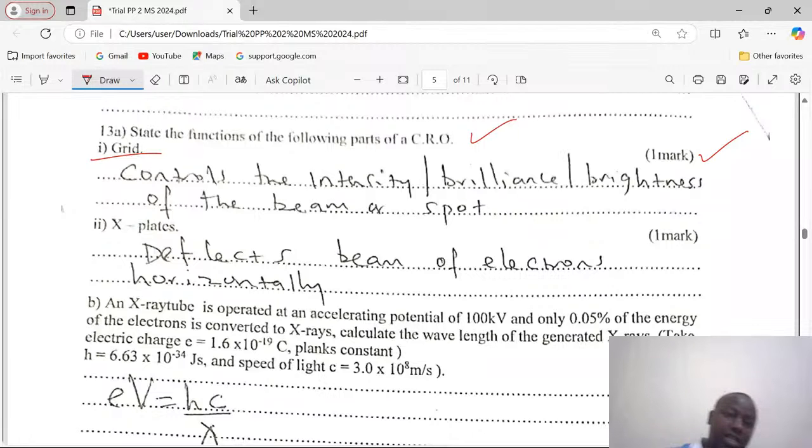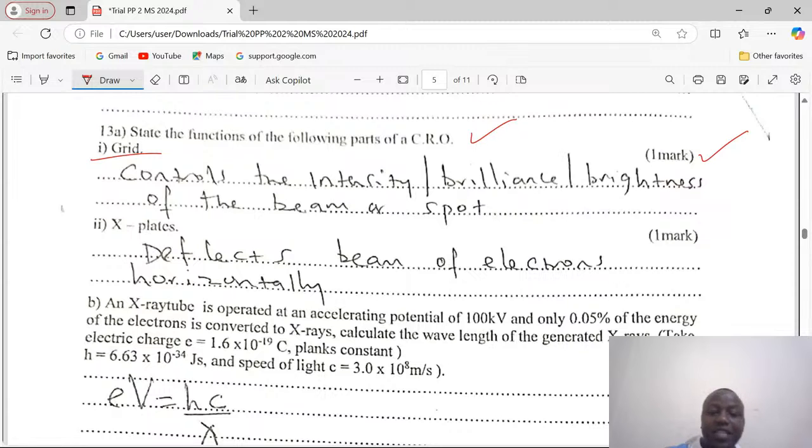We usually say that when the grid is made more negative, fewer electrons are attracted, and hence less brightness is seen at the screen.